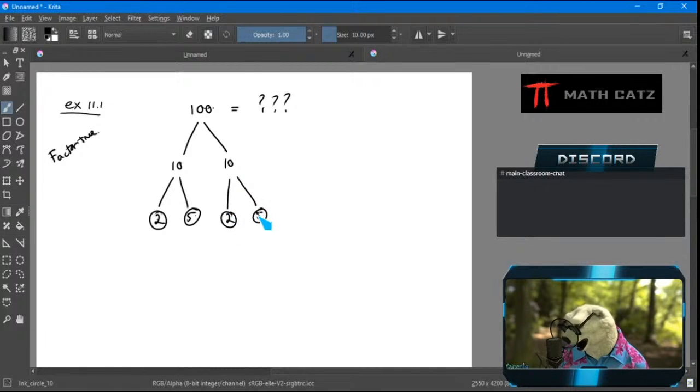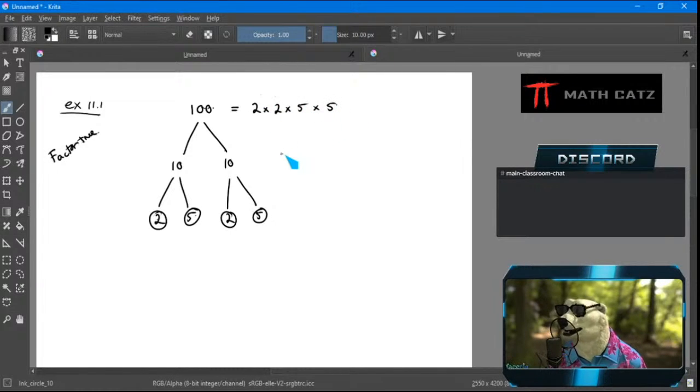And I stop when all my branches end in prime numbers. I'll put circles around them so I can easily see them. So that means that 100 can be written, and the order doesn't matter, but I go in increasing order, as 2 times 2 times 5 times 5.